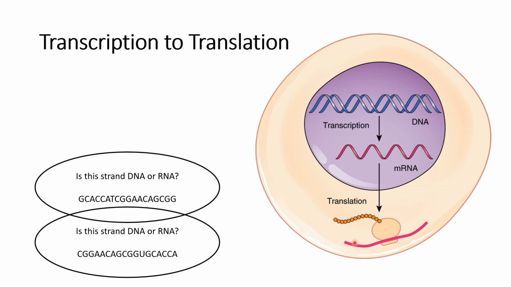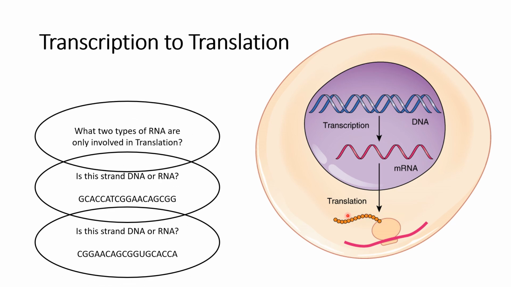As the messenger RNA is fed through the ribosome, transfer RNA, or tRNA, reads 3 nitrogen bases at a time, which corresponds to an amino acid. And it will add 1 amino acid at a time as it's reading the 3 nitrogen bases being fed through.